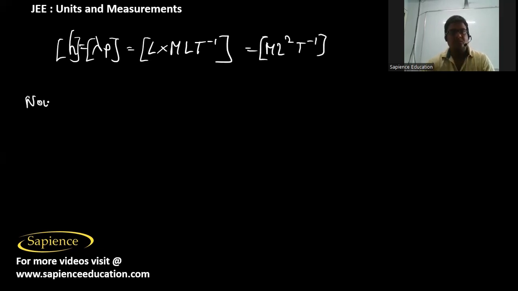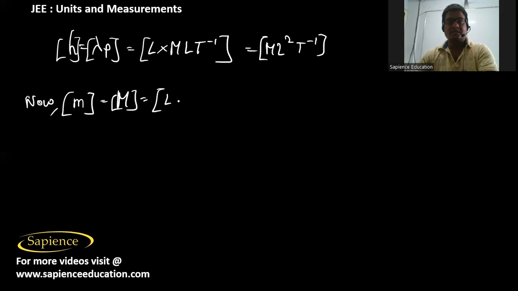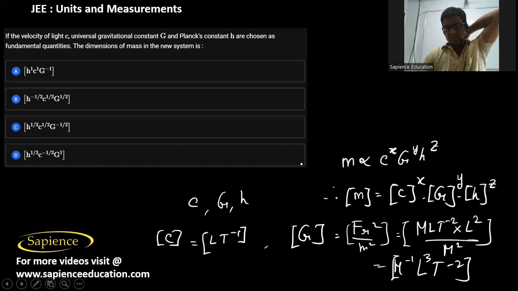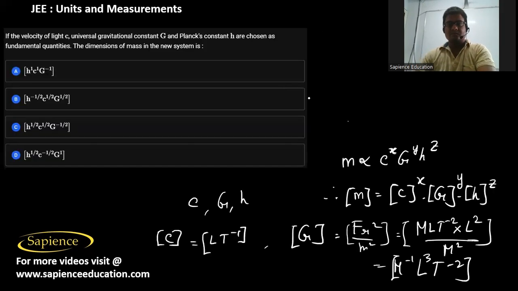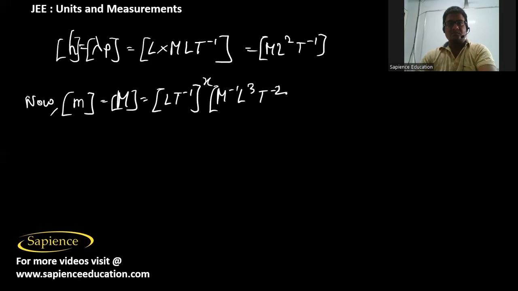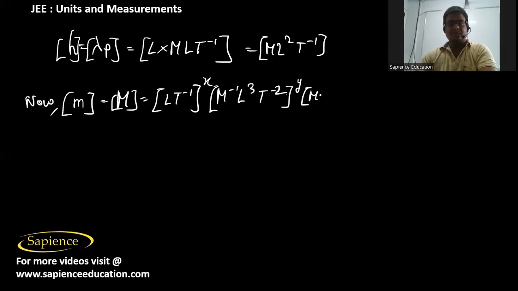Now the dimensional formula for mass, that is M, should be the same as c power x, which is LT power minus 1 whole power x, into G, that is M power minus 1 L cube T power minus 2, whole power y, into h, which is ML squared T power minus 1, whole power z.